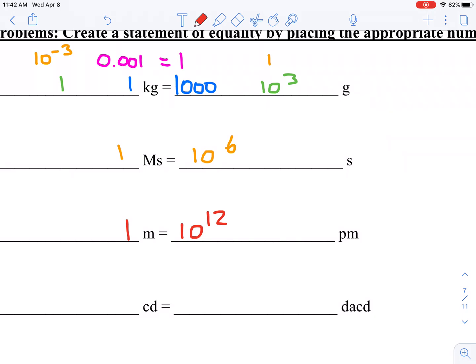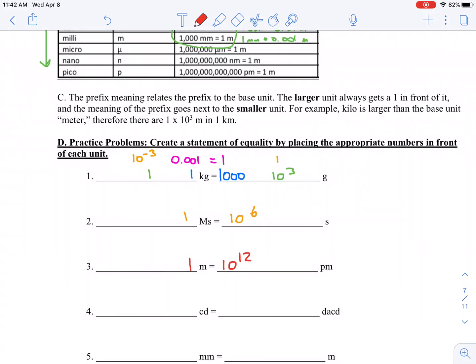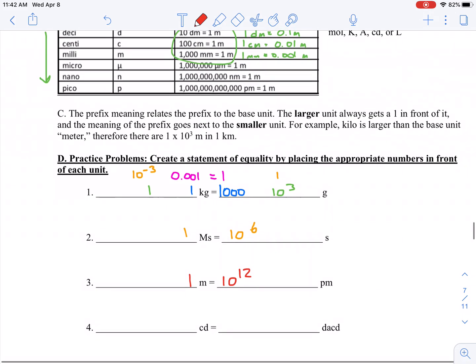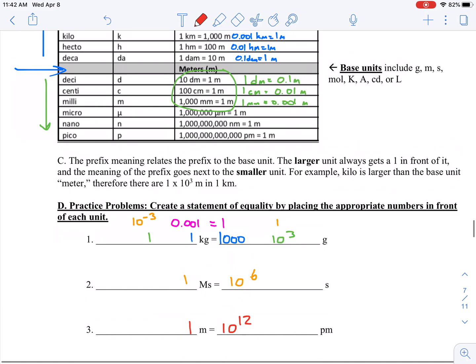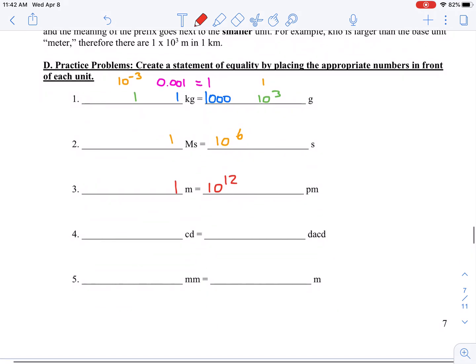They both work. Let's talk about candelas and decacandelas. So remember, deca is right up above the meter line on your table. So deca is right here. Deca means 10. So if you have 1 decacandela, you have 10 candelas. And finally, millimeters and meters. Again, you can find millimeters.